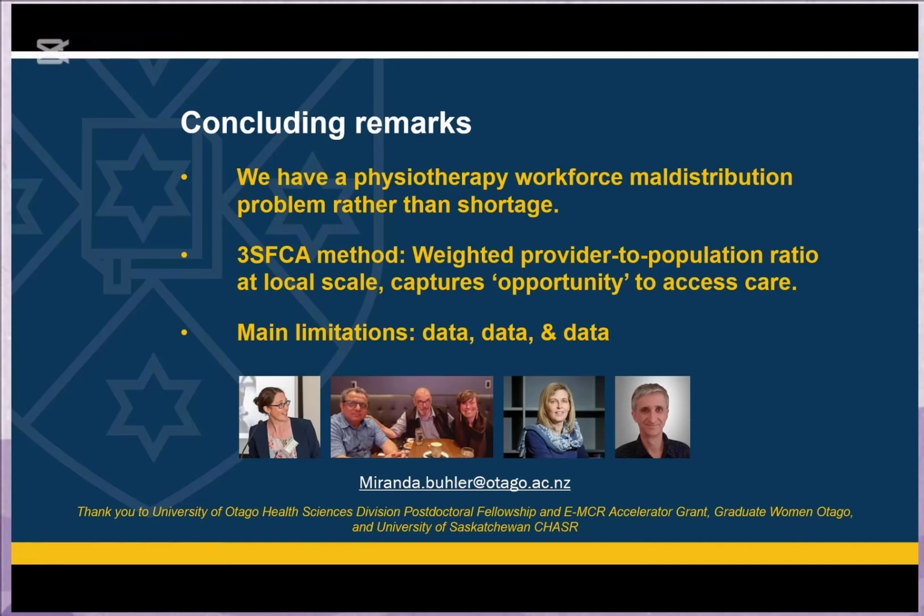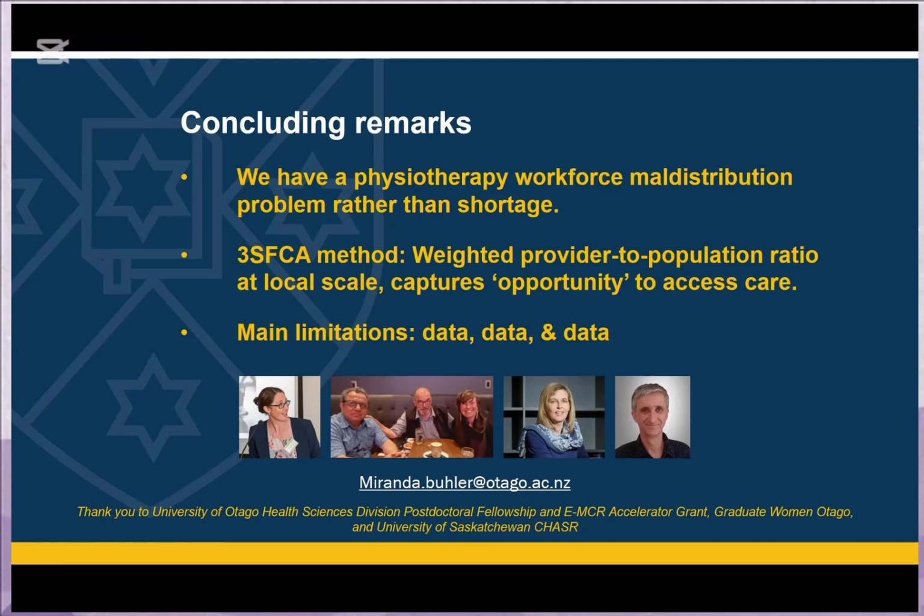I'm thinking, you mentioned, if I followed at the beginning, that the population over 65 is more likely to use the physiotherapy services. So what is the proportion of the Māori population over 65 and in need compared to the general population?